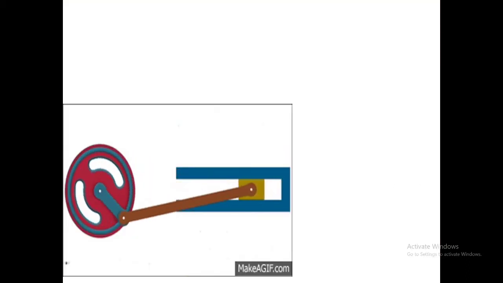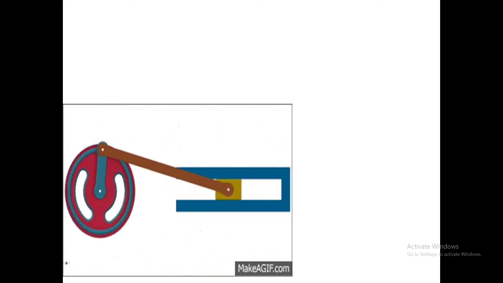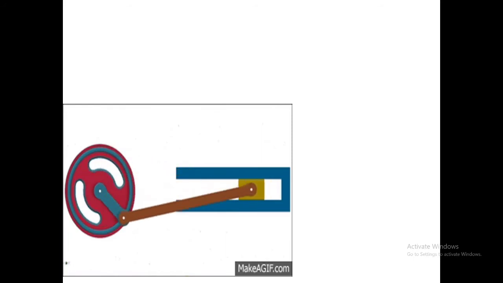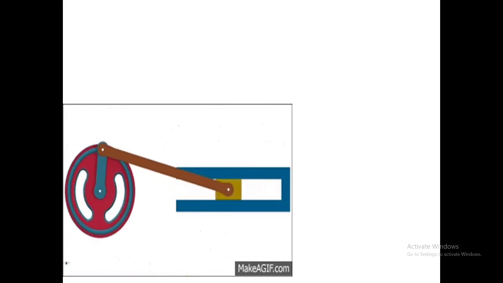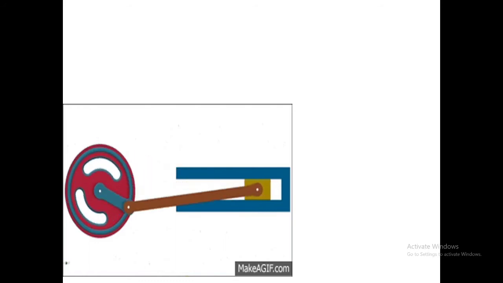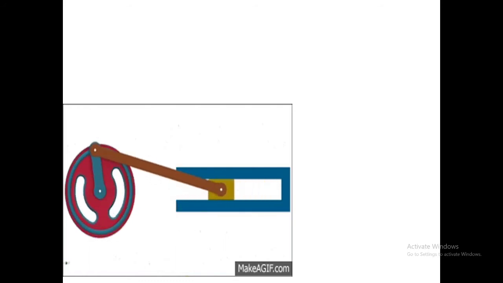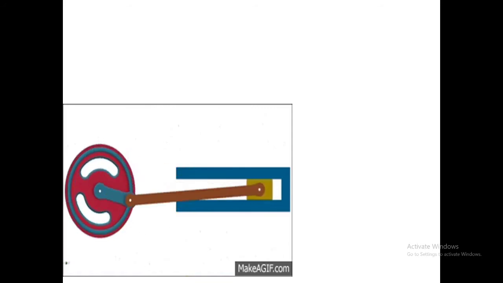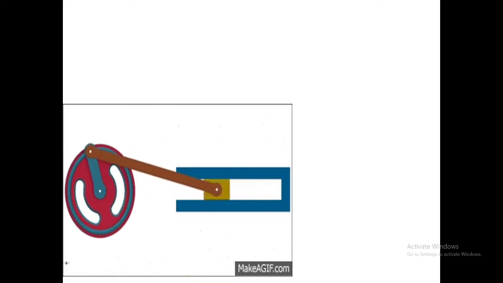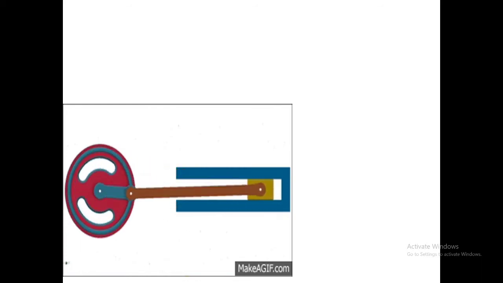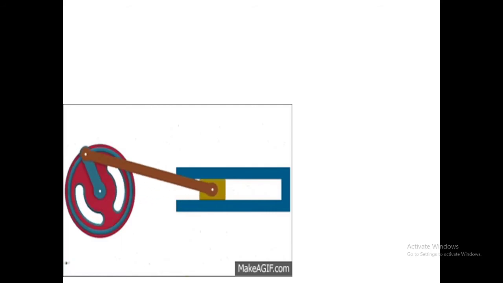This is the animation of a single slider crank chain. This mechanism is used to convert rotary motion into reciprocating motion or reciprocating motion into rotary motion, and it consists of 3 turning pairs and 1 sliding pair.